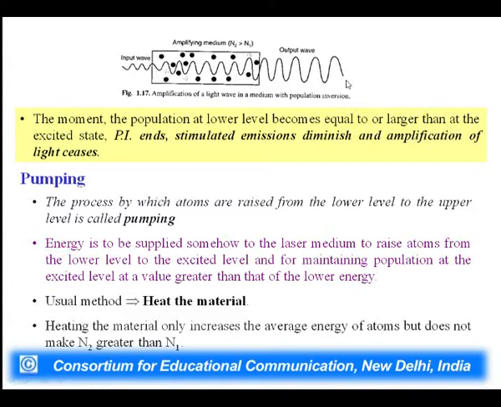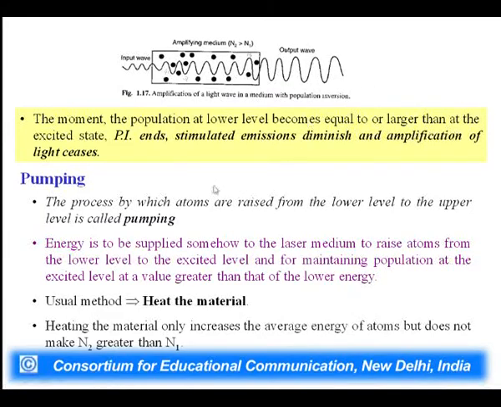The intensity of the output wave is more as compared to the intensity of the input wave. Here the amplification of the light takes place. The moment the population of the lower level becomes equal to or larger than that of the excited state, then PI and stimulated emission diminish and amplification of the light ceases.